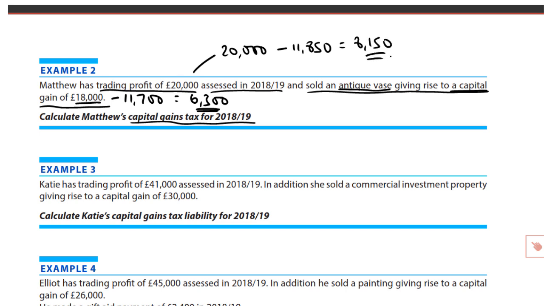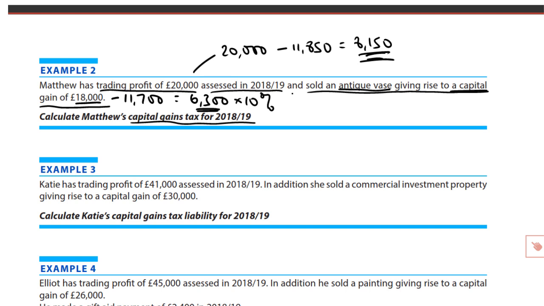Comparing 8,150 with the basic rate band limit of £34,500, I think it's fairly obvious that when we add 6,300 to 8,150, all of those taxable gains fall within the basic rate band. Therefore, all of those taxable gains are taxed at the lower rate. Which lower rate? It's not residential property, so this 6,300 will all be taxed at your 10% rate.